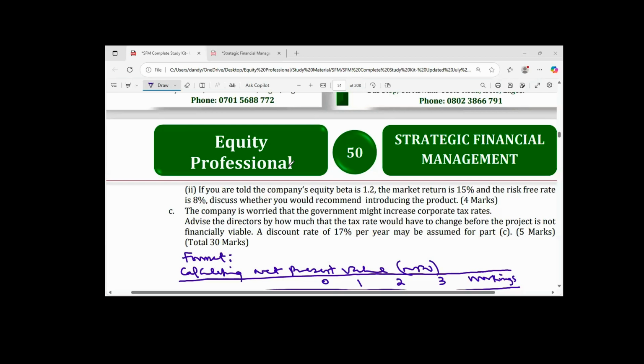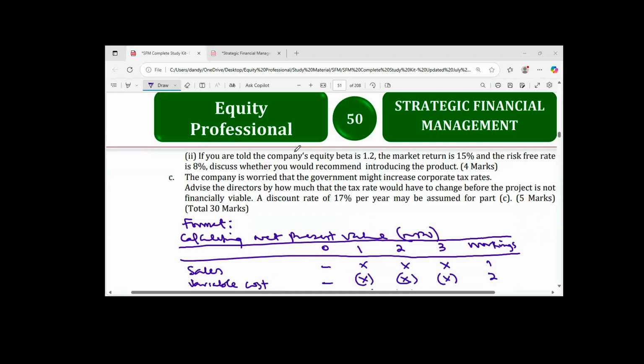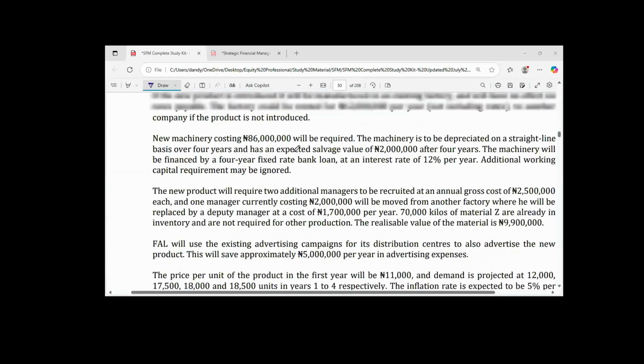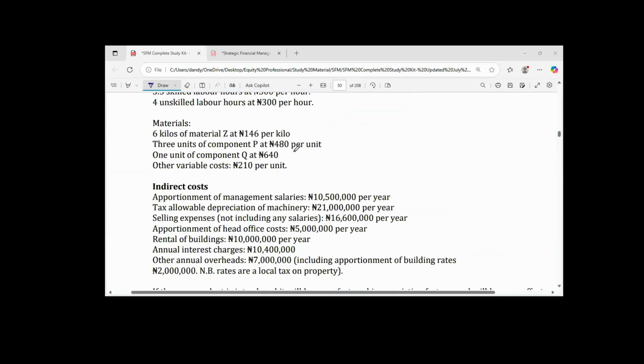We'll talk about payback period, accounting rate of return. We also talk about how to identify relevant cash flows. We talk about the impact of inflation and taxation. And now I've given you the columnar format to calculate the NPV.